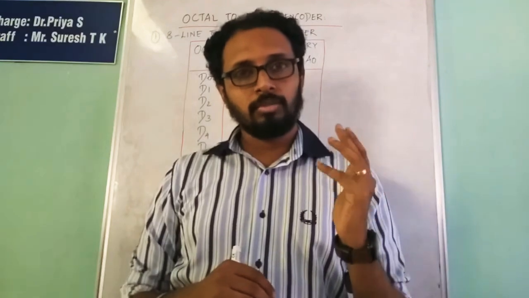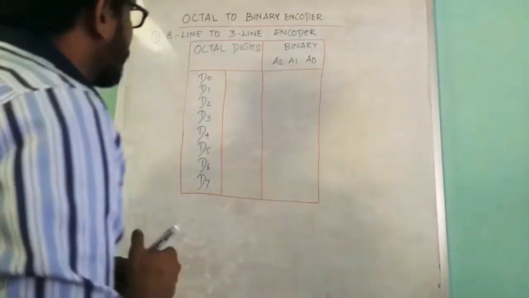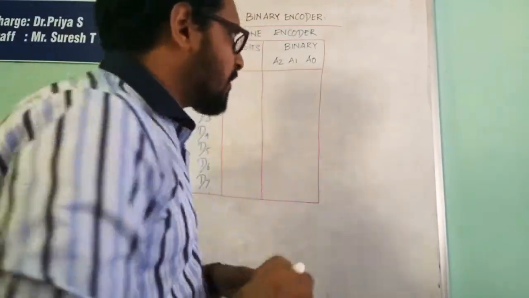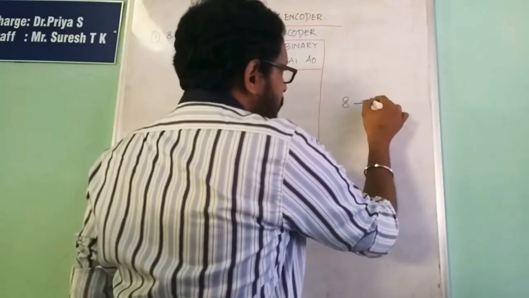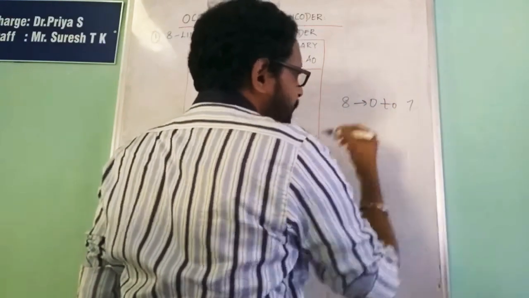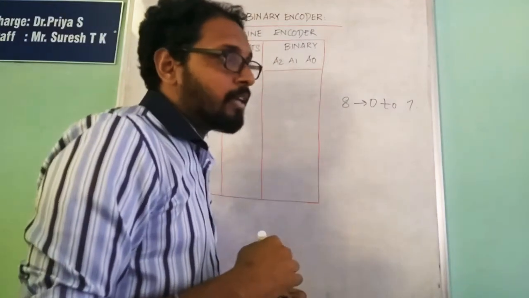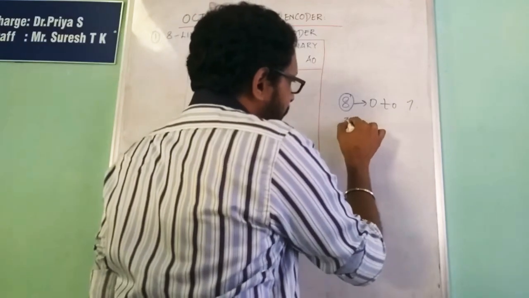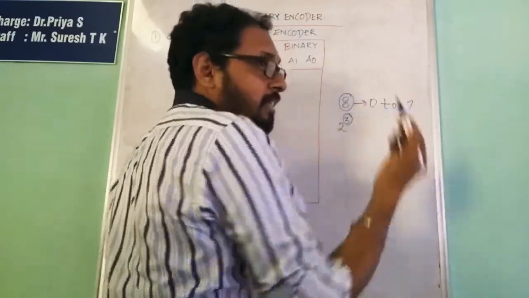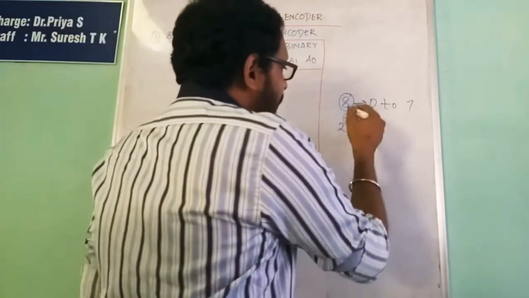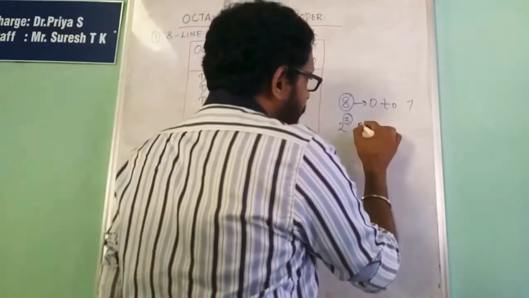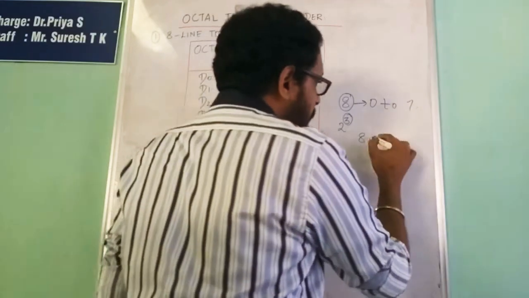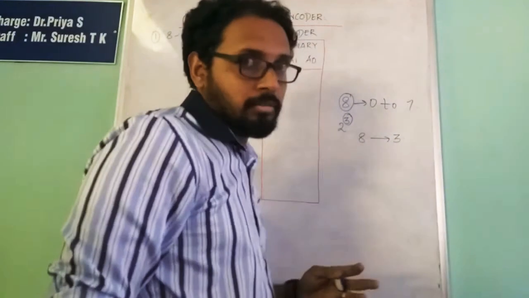To represent 8 numbers, we need 2 raised to 3, which is 8. So an octal number can be converted to a maximum of a 3-bit code.